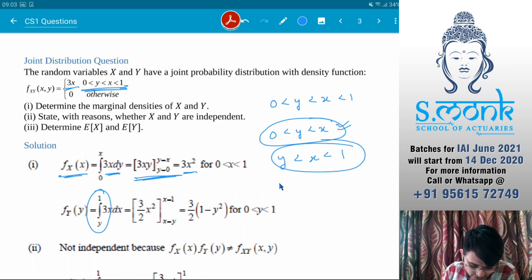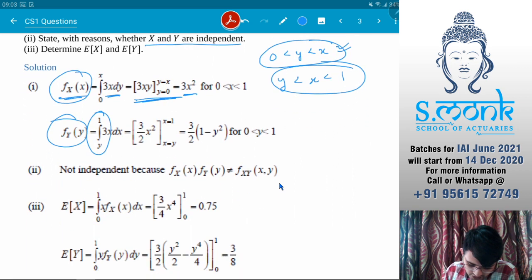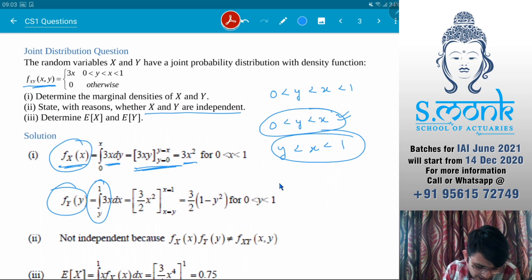Now they are asking us to state with reason whether x and y are independent. We'll always check whether this value is nothing but this into this. Clearly in our f of xy we do not have any y, whereas when we multiply these two we will have y.